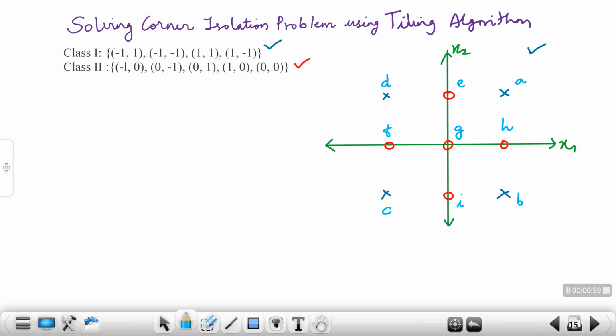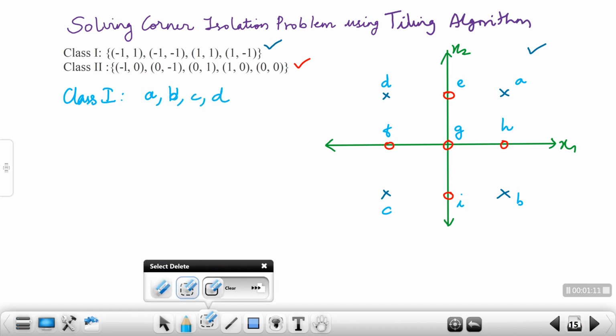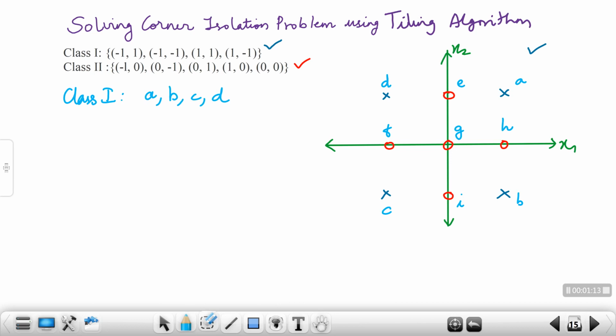The alphabets that belong to class 1 are A, B, C and D, and the alphabets that belong to class 2 are E, F, G, H, I.